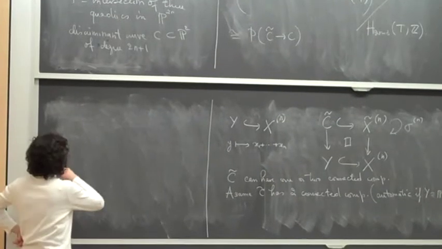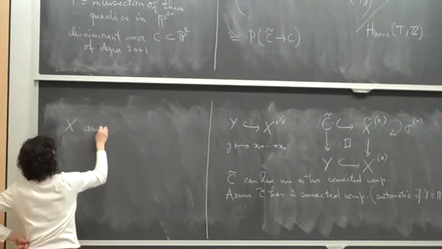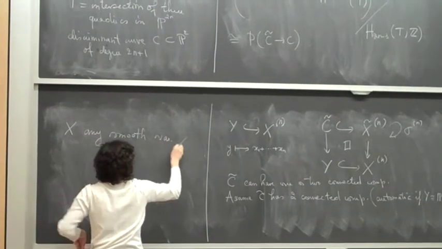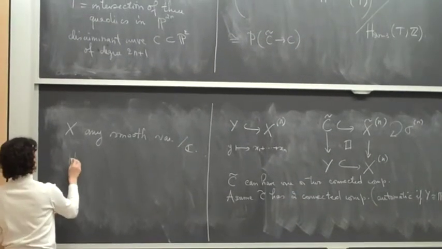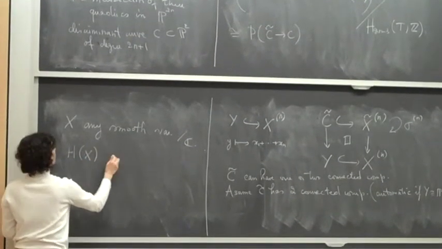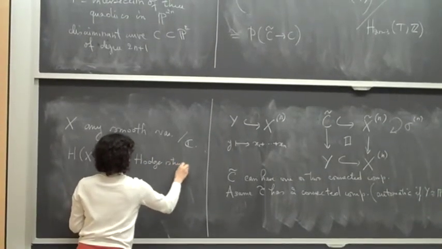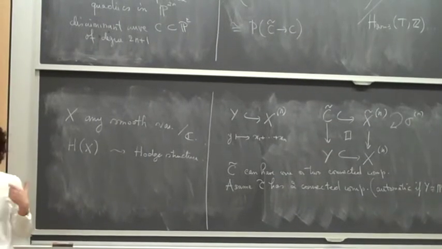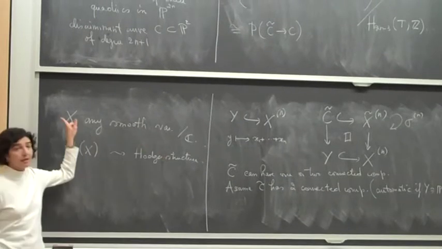You can ask, given any smooth projective variety over C, you can take its cohomology, right? And you can get from that what we call a Hodge structure. And so then you can ask the Torelli question again: when does the Hodge structure determine the variety?